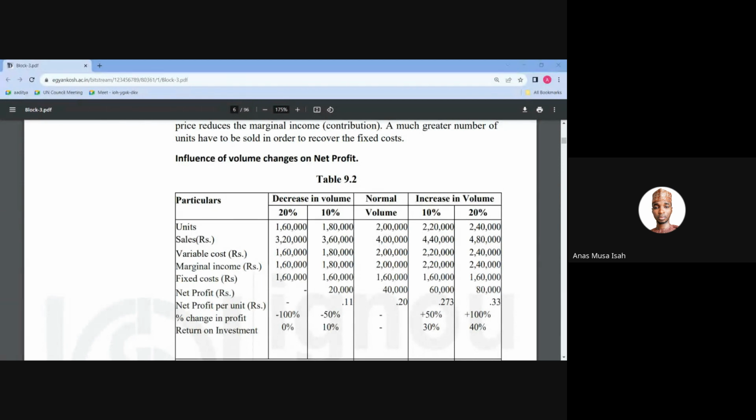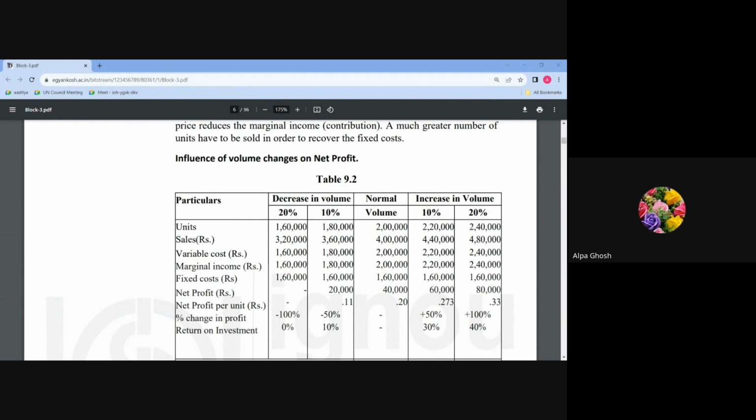Yes, ma'am. Now the second case is sales. Sales is rupees 2 per unit. So in this case, 1,60,000 is your units sold, multiplied by rupees 2, your sales is rupees 3,20,000.